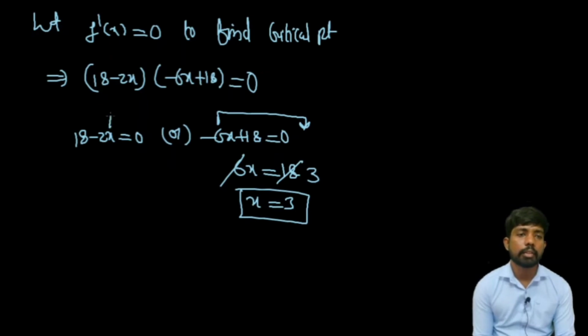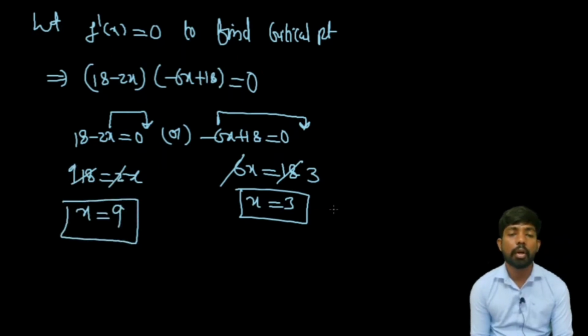Next, sending the term to the right, 18 equals 2x, so x equals 9. We got the two critical points.